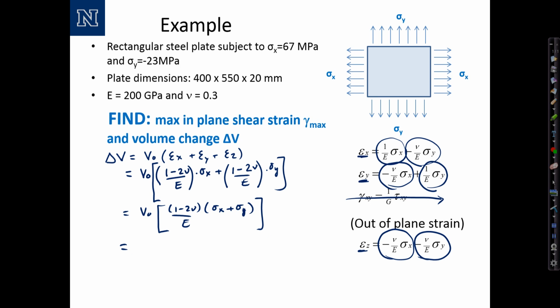The original volume is the dimensions of the plate, 400 times 550 times 20, and since each is in millimeters, that's going to be millimeters cubed. Okay, times (1 minus 2 times 0.3) over E, the elastic modulus, 200, and I'm going to convert it to megapascals, 200,000 megapascals, times (sigma x plus sigma y), 67 plus a negative 23 megapascals.